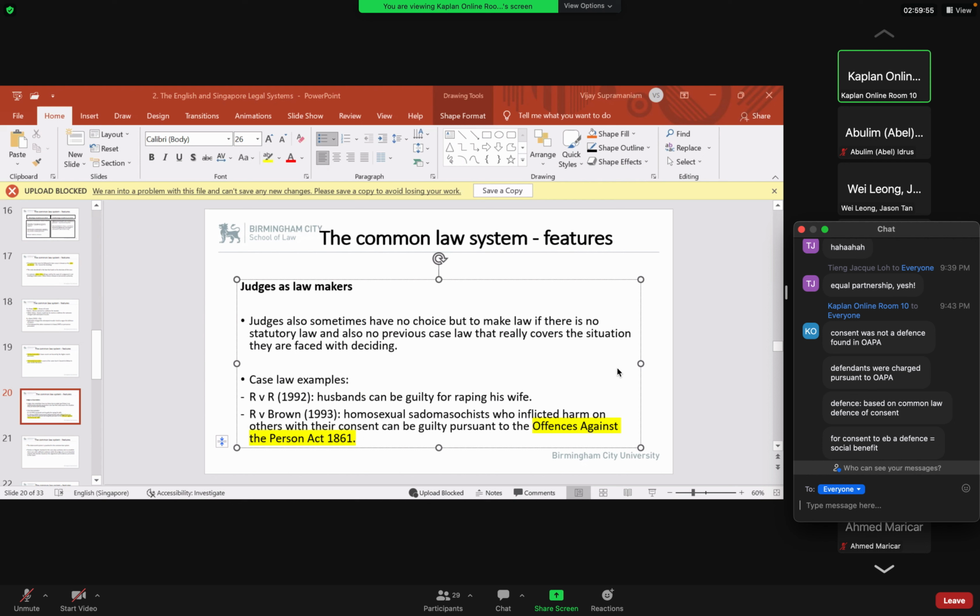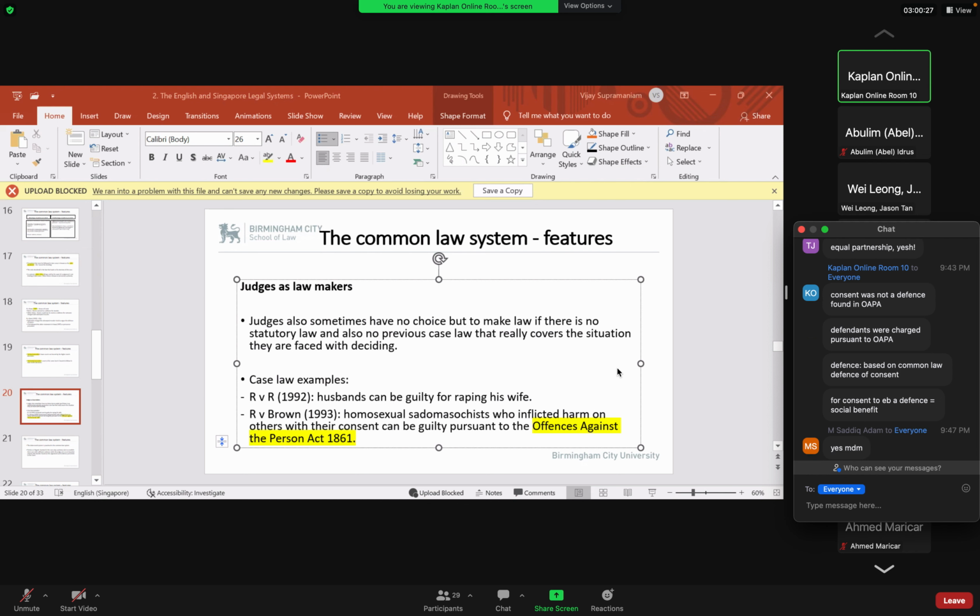So with that, I want you to appreciate how interesting this system is. Do you agree with me? The system, on one hand, focuses on rigidity. On the other hand, there's flexibility because you can depart from precedent and you can develop new laws. Do you see what we have studied, what we have covered?